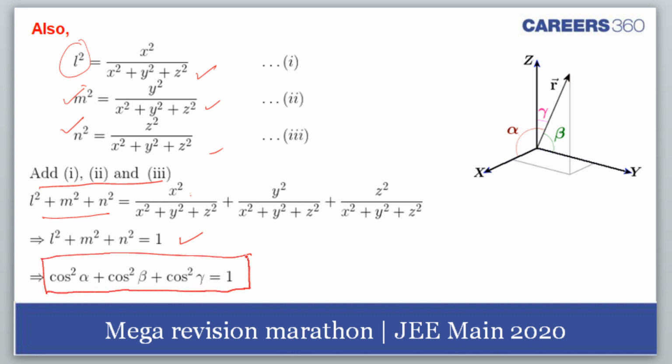In some exam it was asked, what is sine square alpha plus sine square beta plus sine square gamma? Can somebody answer me?